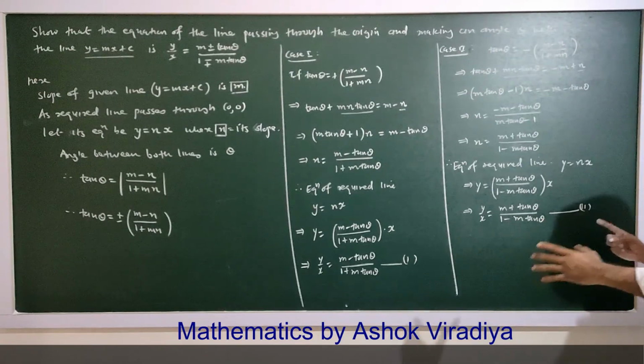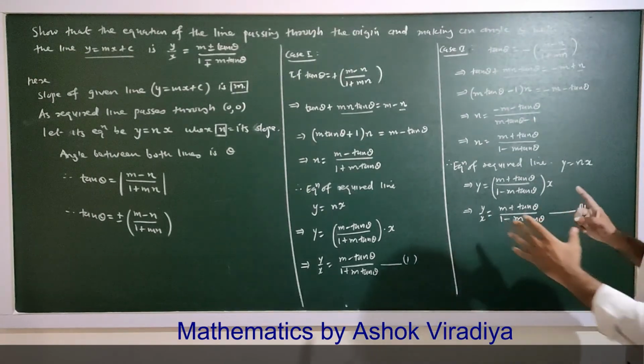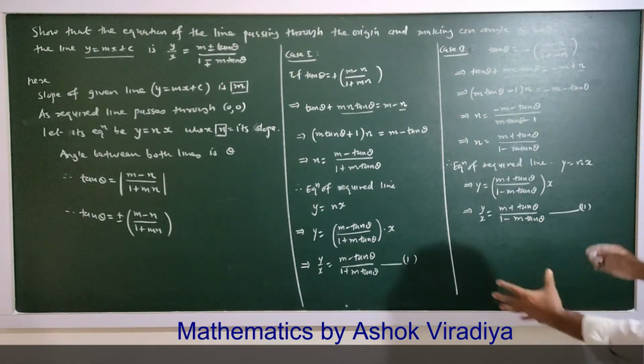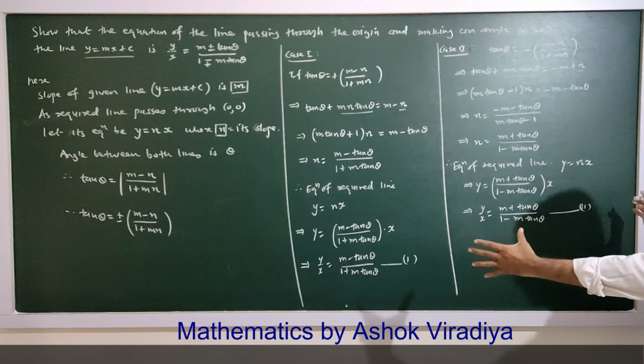So there are two possible values of required line, two possible equations. Now we can represent 1 and 2 combinedly.